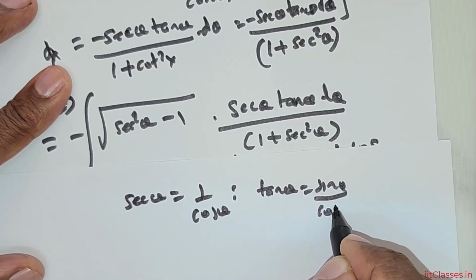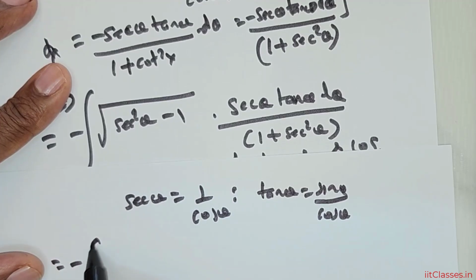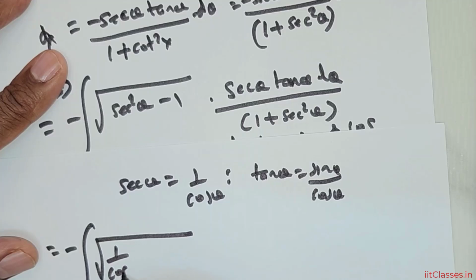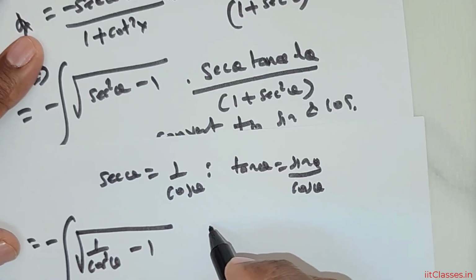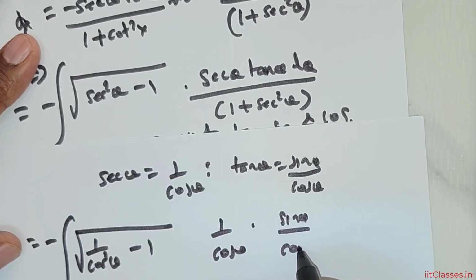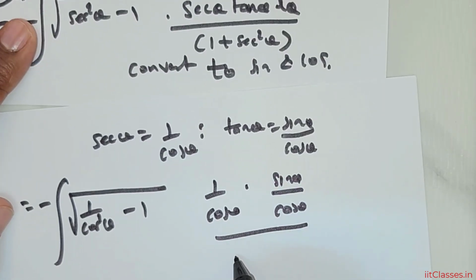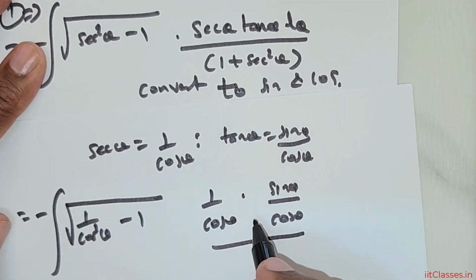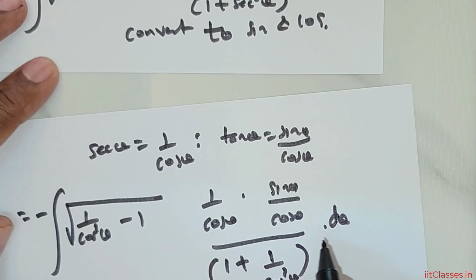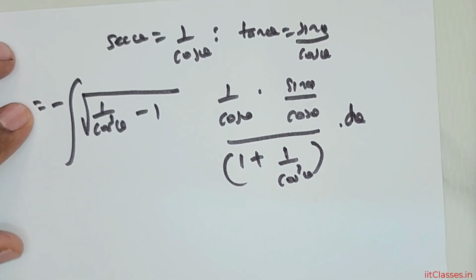Sin theta over cos theta. So this is equal to the integral of the root of 1 over cos squared theta minus 1, times 1 over cos theta times sin theta over cos theta, divided by, in place of secant squared, 1 over cos squared theta, times d theta. So this is what we have got.